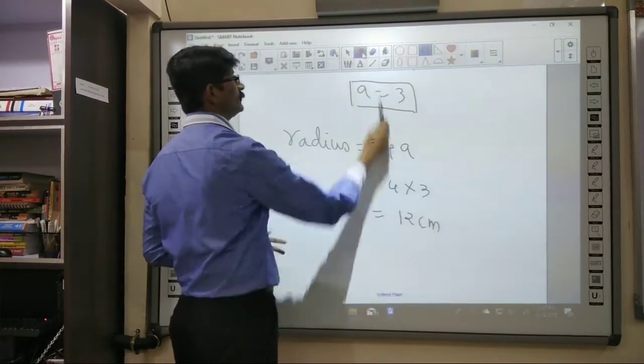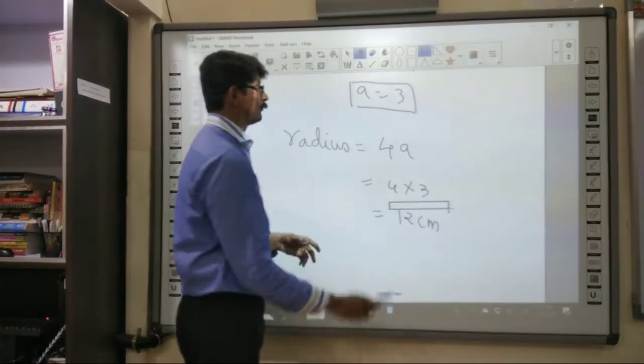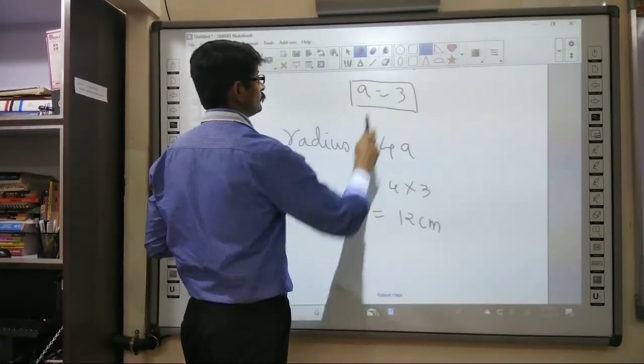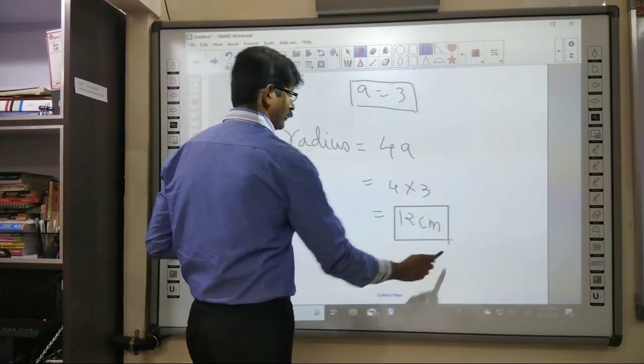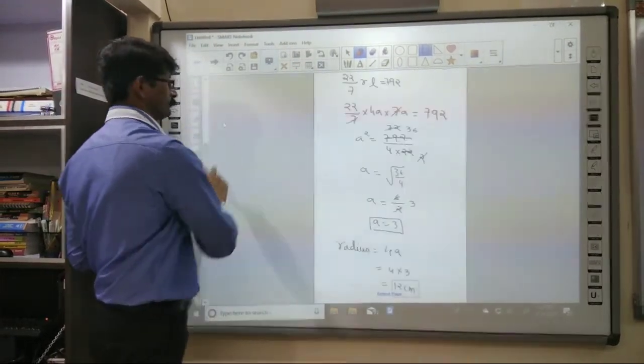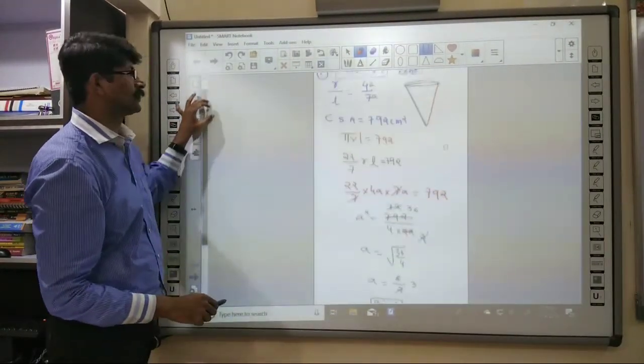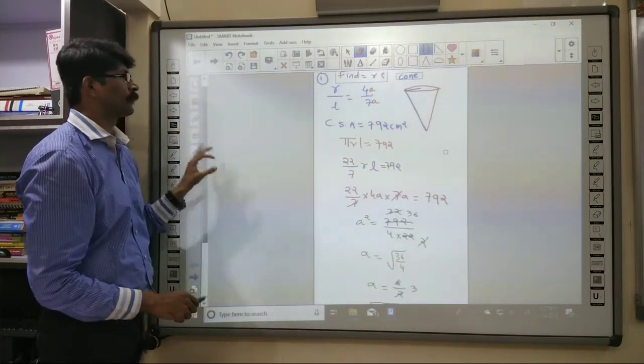Isn't it simple? That's how we can finish off any sum easily. I hope you have understood this sum. In case not, I have put a display of the entire sum on the board so you can copy it down.